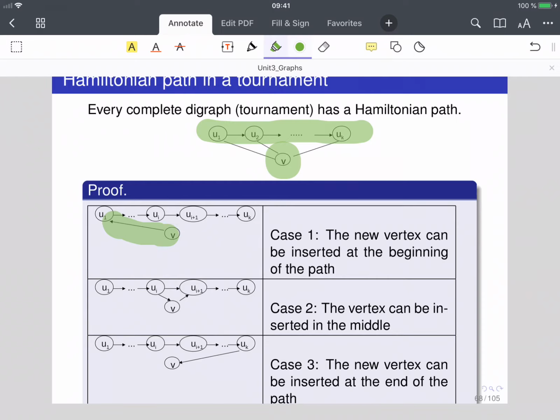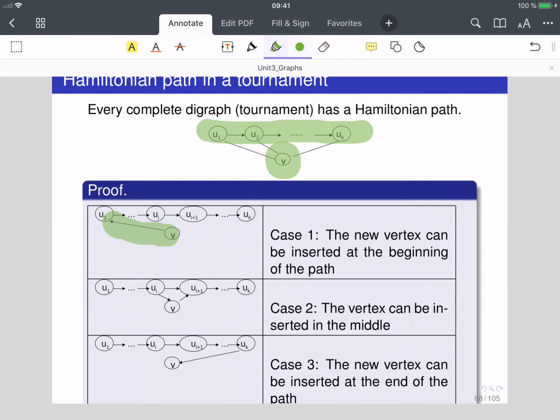If we do not have that arrow, then the graph is not complete and we cannot apply this algorithm. So if we do not have the arrow from V to U1, then we must have an arrow from U1 to V. Okay? And then we check whether we have an arrow from V to U2.